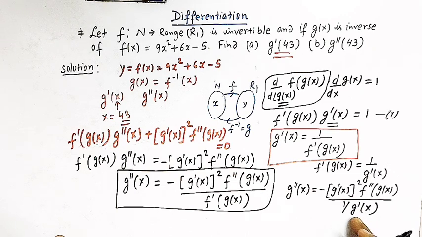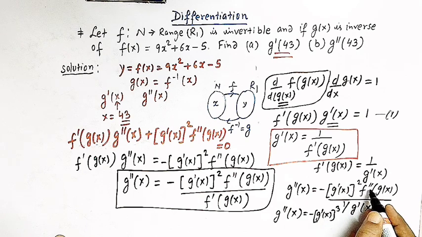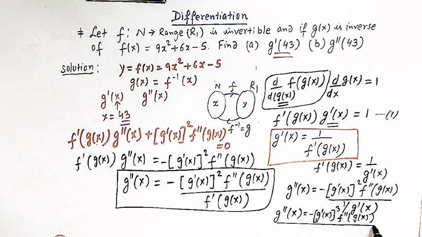Now we can take g prime of x to the numerator, so it gets multiplied with this one. So we have g double prime of x is equal to minus g prime of x cubed times f double prime of g of x. So this is another important form of this result.